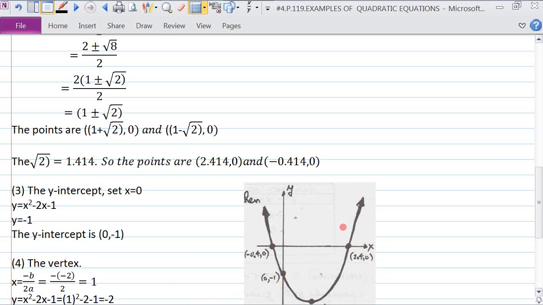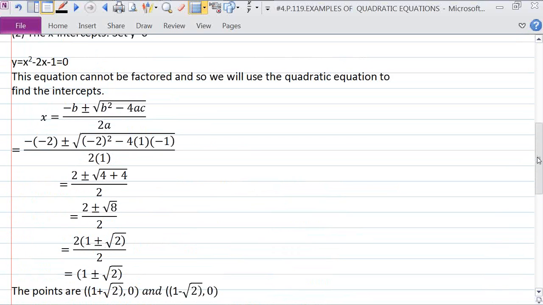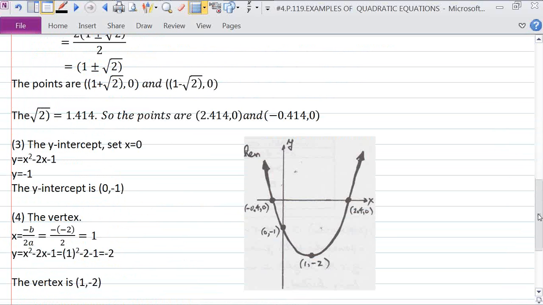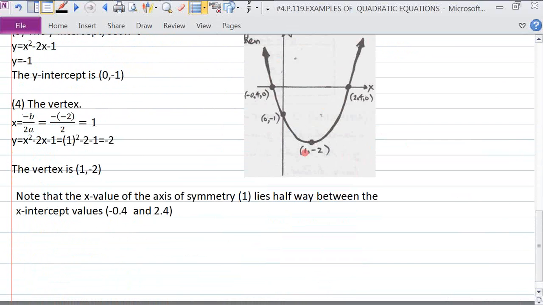So we have the x-intercepts, and we have the y-intercept. We have the axis of symmetry, which runs down here, x equal to 1. So that's this value right here.